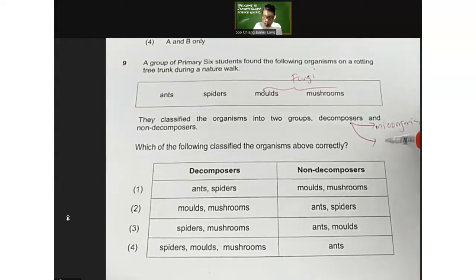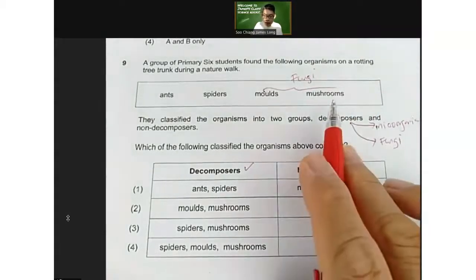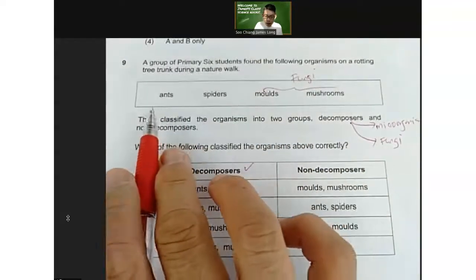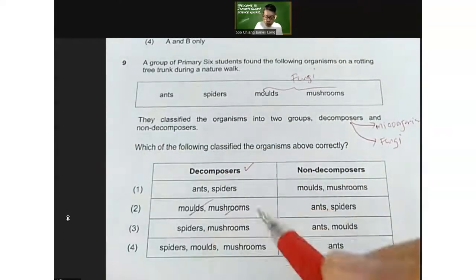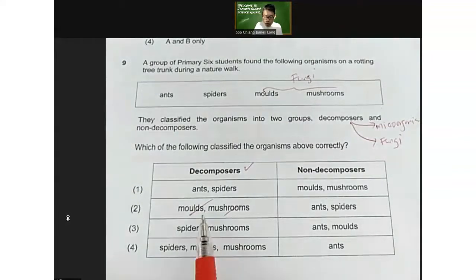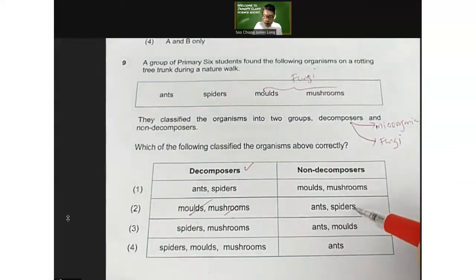They are also your fungi. Now, there are no microorganisms in the organisms option given to you here. So you see mold and mushroom. Yeah, those are the only two. Now let's double check. So the other two will be ants and spiders. They are non-decomposers. Okay, so answer is 2.